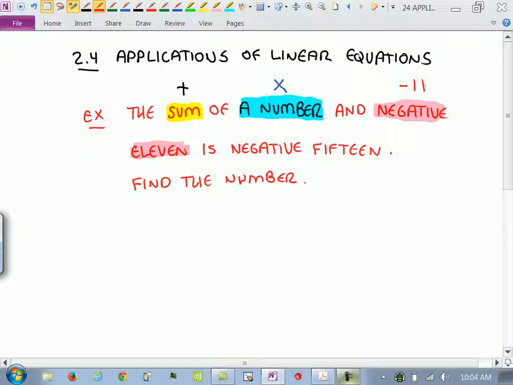So the sum, so I'm going to be adding some number, which I'm calling x, and some other number, which is negative 11. It says is negative 15. What is the is? Is equals. Okay, that's a big one. Is in mathematics is usually an equals. And then the other side was negative 15, which is just the number negative 15.